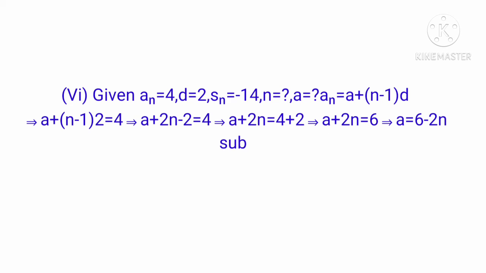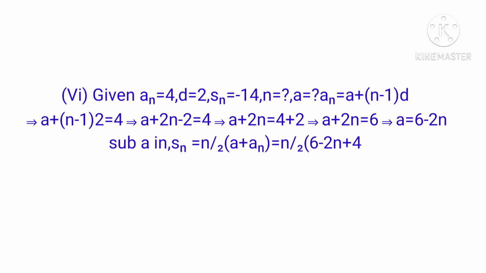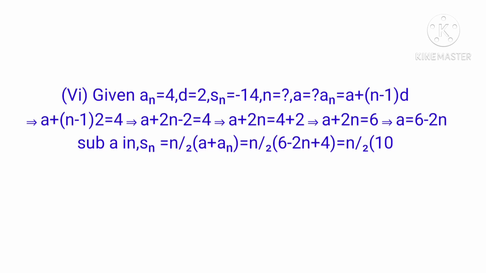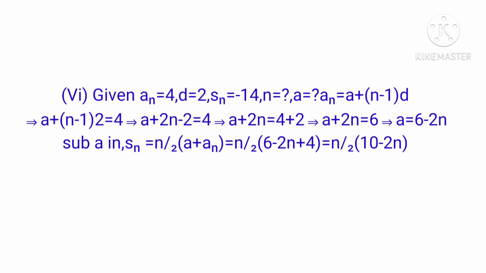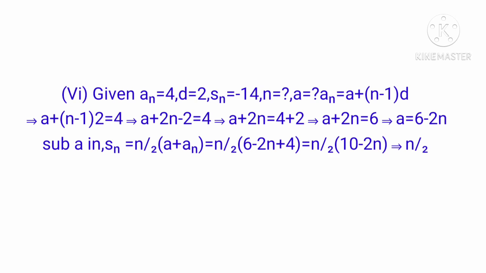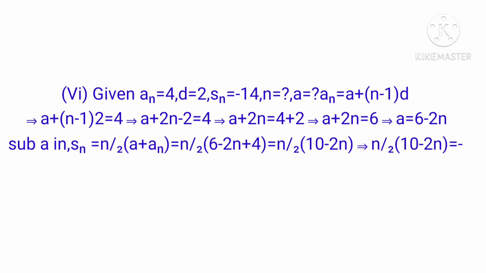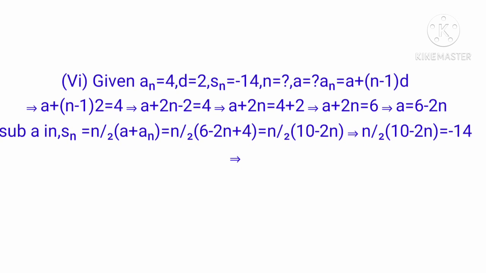Substitute the a value in Sn is equal to n by 2 into a plus an, that is equal to n by 2 into a is 6 minus 2n plus an is 4 is equal to n by 2 into 10 minus 2n. 6 plus 4 is 10, that is n by 2 into 10 minus 2n is equal to minus 14.